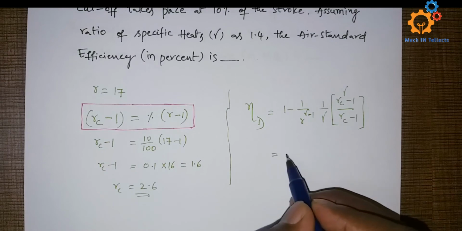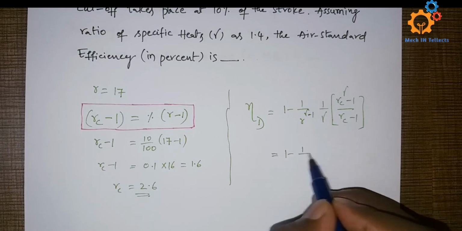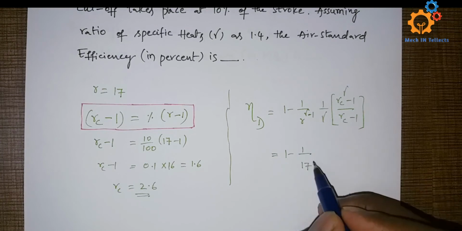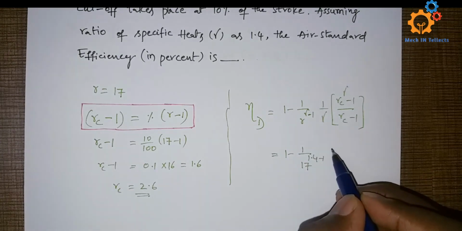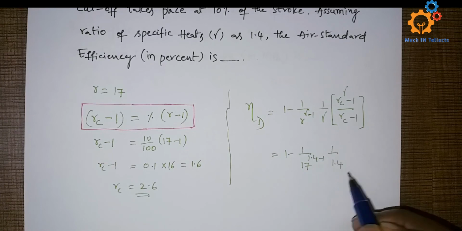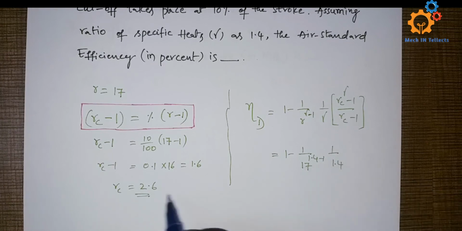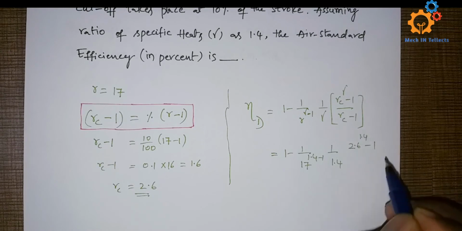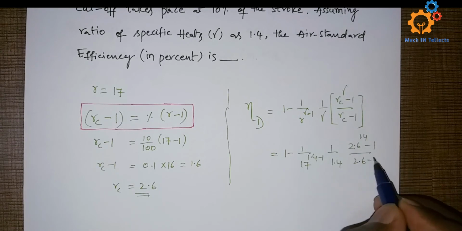Okay, so now 1 minus 1 by 17 power gamma minus 1 by gamma, cutoff ratio is 2.6, so 2.6 power 1.4 minus 1 by 2.6 minus 1.